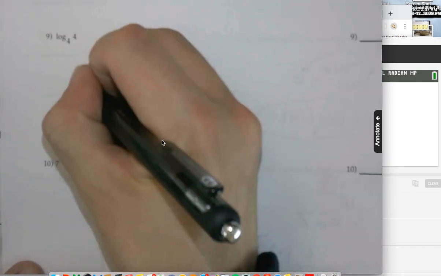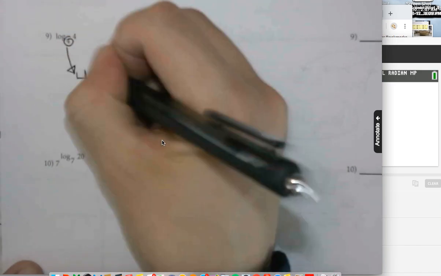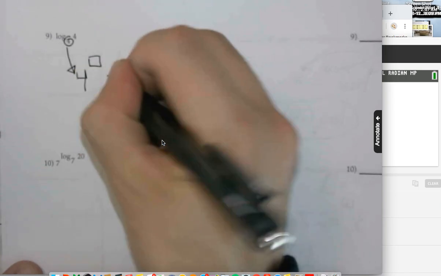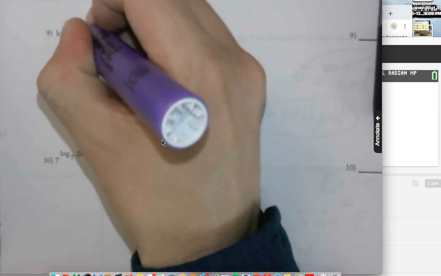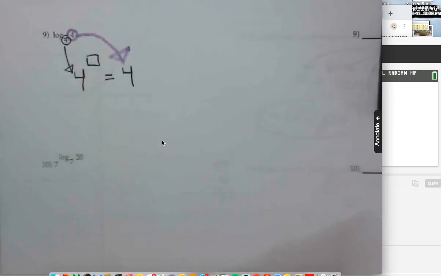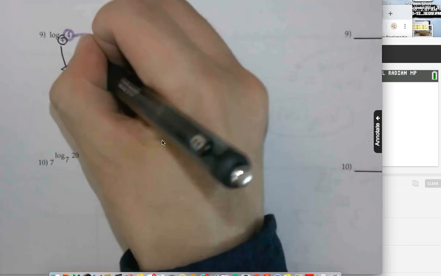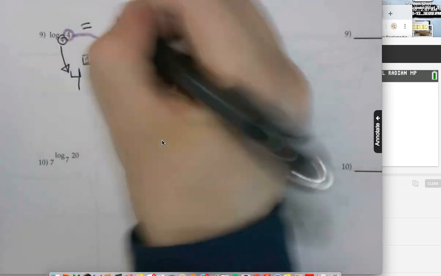Our base here is this 4. When taken to some exponent, this equals the 4 from over on the right-hand side. Anything to the first power is itself, so the exponent that we need here is 1. So our answer, final 1, is 1.